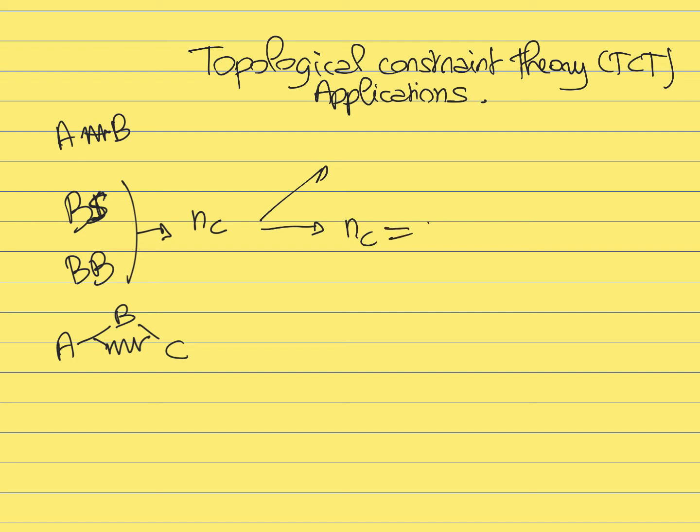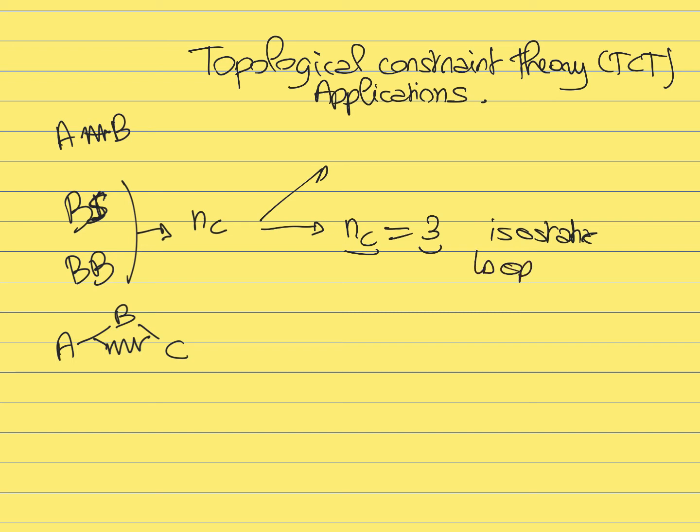If the number of constraints per atom is close to 3, then you have an isostatic structure, where 3 is also the number of degrees of freedom of each atom. Each atom can be translated along the XYZ directions, so it has 3 degrees of freedom. So a number of constraints equal to 3 means that you have exactly enough constraints to counterbalance all the degrees of freedom. That gives you an isostatic structure.